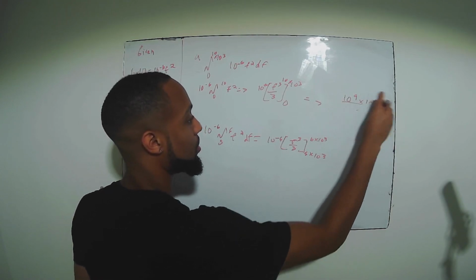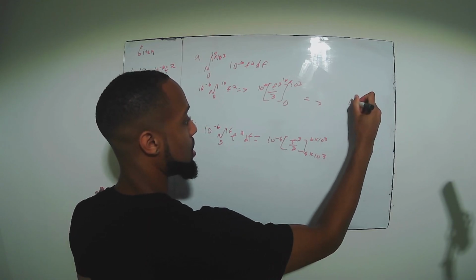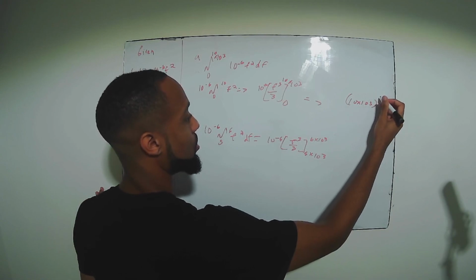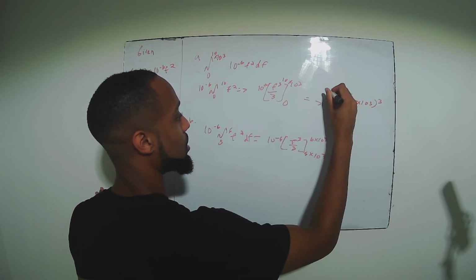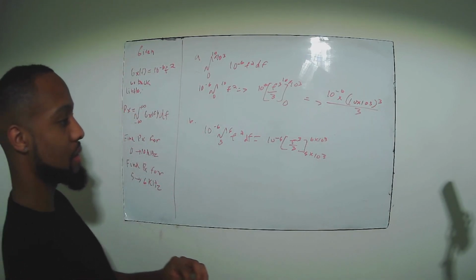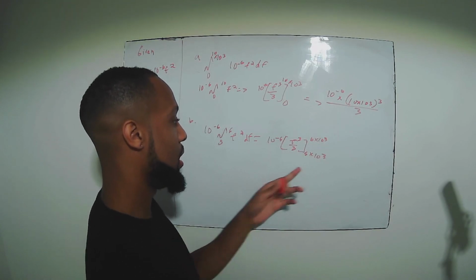Up here you should end up getting 10 times 10 to the third, to the third power, times 10 to the minus 6, divided by 3. You can compute that. That's not that crazy. You can put this in a calculator, and that'll give you the answer for this question. And then the same thing here.